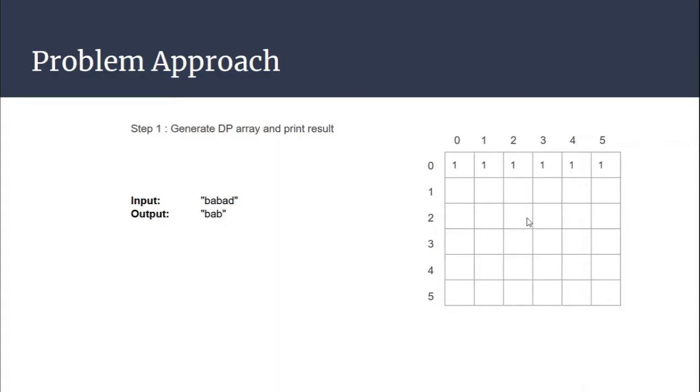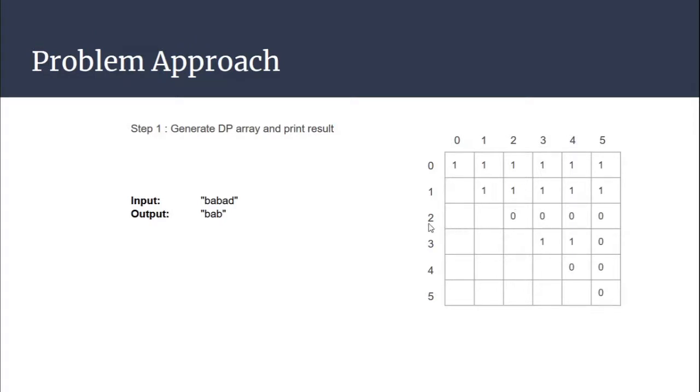First let me explain: DP of i j will be either 1 or 0. 1 represents that the substring of length i ending at position j is a palindrome, otherwise it is false, or 0. Every length 0 substring is a palindrome, so that's why the 0th row is filled with 1. Every length 1 substring is also a palindrome, that is why the whole first row is filled with 1 as well.